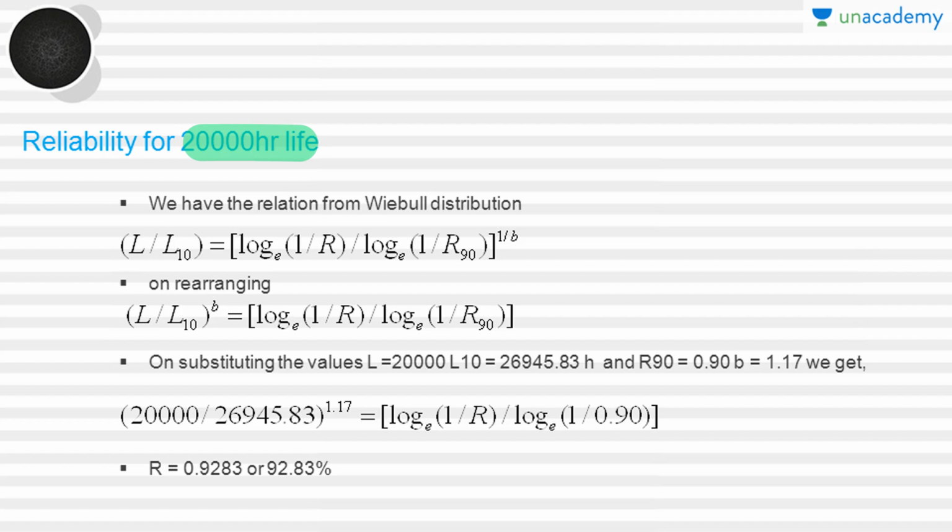On rearranging, we have (L by L10) to the power of b equals log e 1 by R by log e 1 by R90.